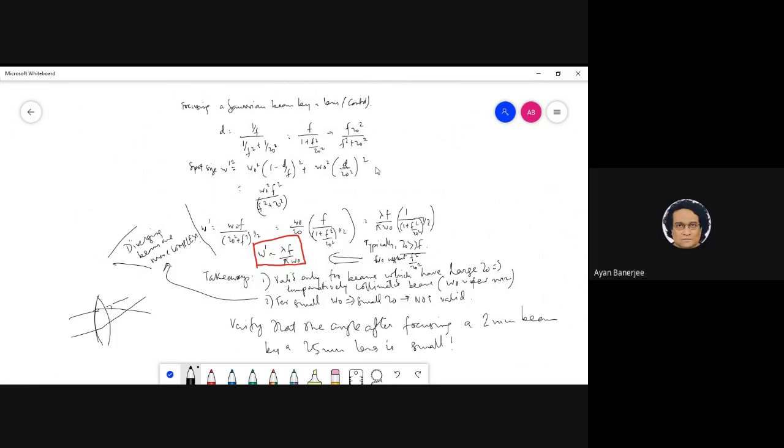Yes, but what is important, Anirudh, is d is not exactly f. There will be a slight difference. If you divide by z naught square, you get f times 1 plus f square by z naught square, and then you neglect that. But the problem is that if you use that approximation right at the beginning, you can straightforwardly get that angle almost from there, right?